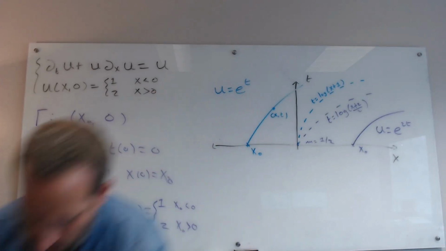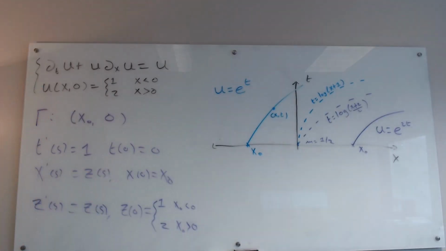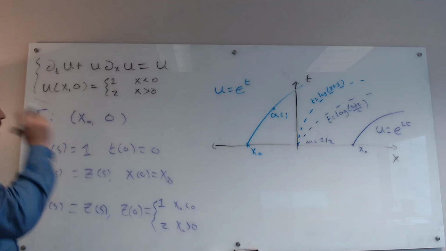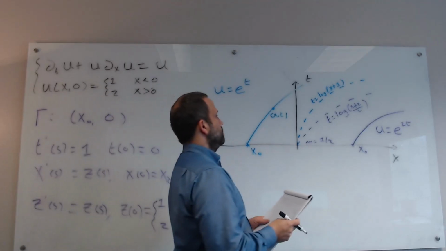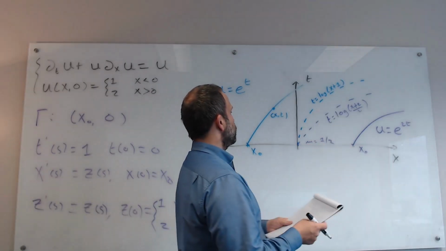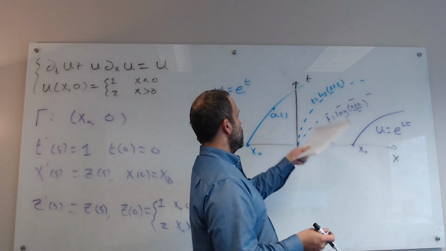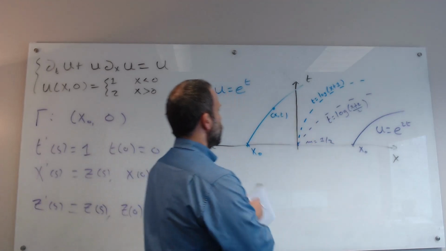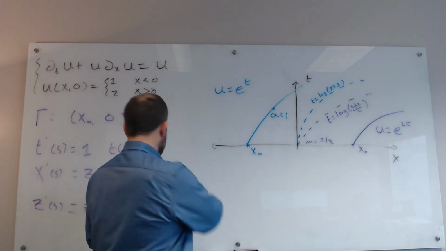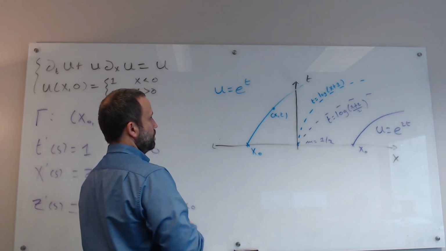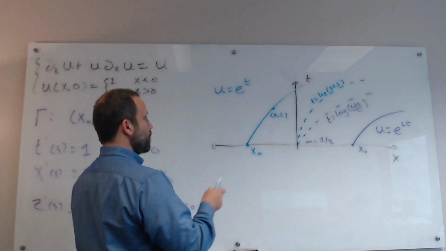Sorry, let me look at my notes to see exactly how I had this. So if we look at these two different things here, we can kind of think about the blue curve as being, well, they both have the following form.